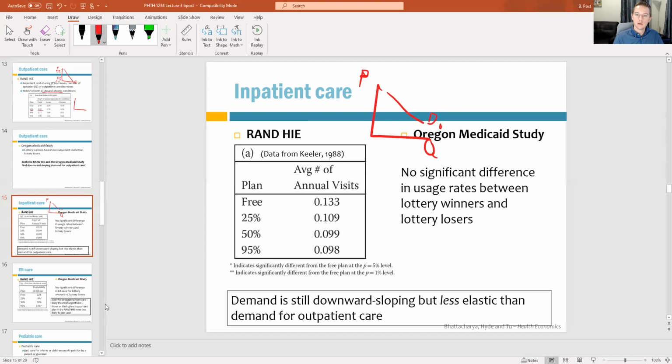So demand, outpatient. But for inpatient care, they were finding that it's a little bit steeper demand for inpatient care. In other words, a fairly big change in price doesn't change the quantity all that much for inpatient care. Now, in the Oregon Medicaid study, they actually didn't find any significant difference between lottery winners and lottery losers, which again suggests that there's a good bit of inelasticity for inpatient care.